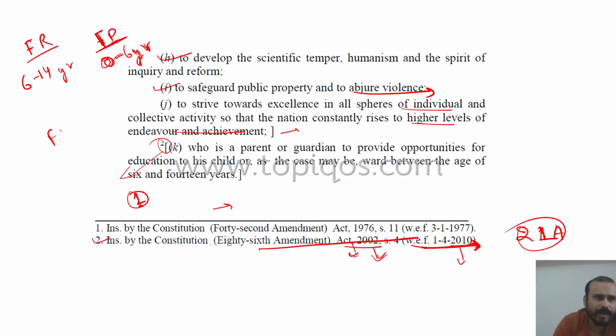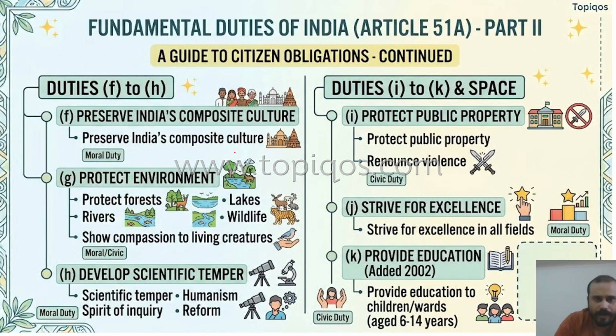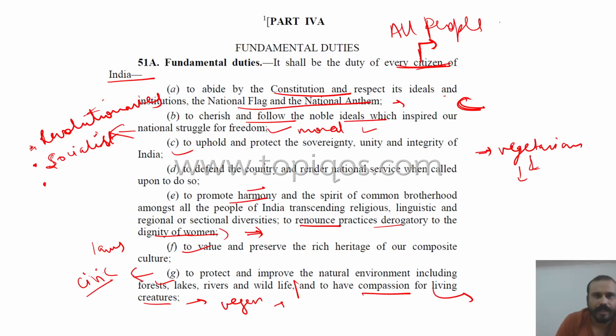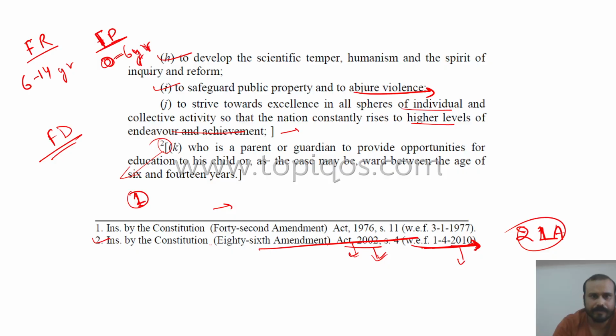Then in fundamental duty, what was added here? It shall be the duty of every citizen of India who is a parent or guardian to provide opportunities for education to his child, or as the case may be, ward between the age of 6 and 14.